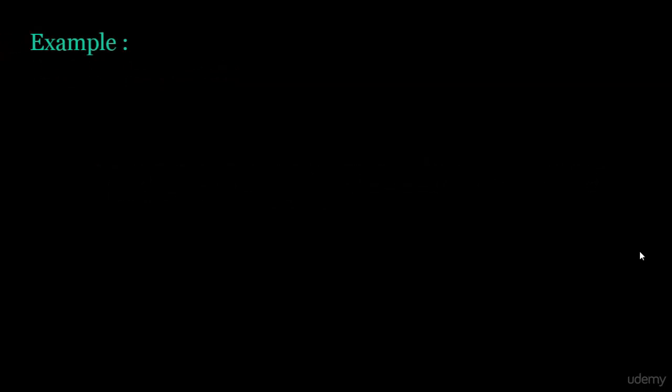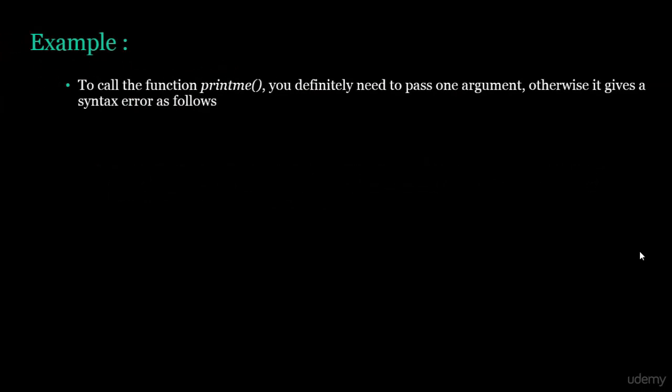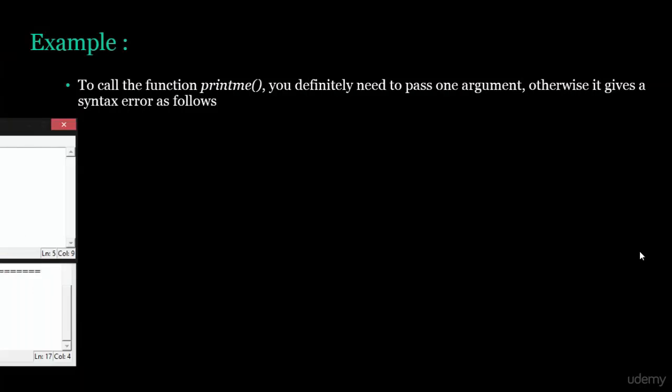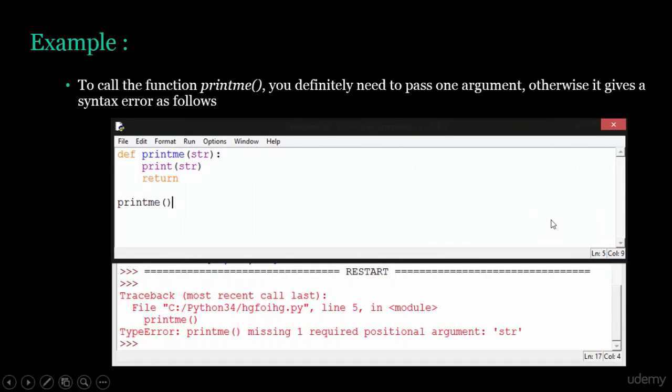Let's see this example here. To call the function print me, you definitely need to pass one argument, otherwise it gives a syntax error as follows. If we look here, this function here, print me, which we wrote last video, must take a string. If you call this function here, there must be a string here so that it can print this string.